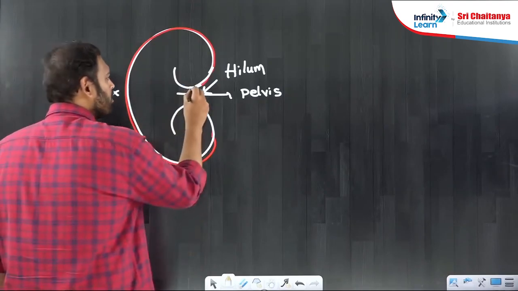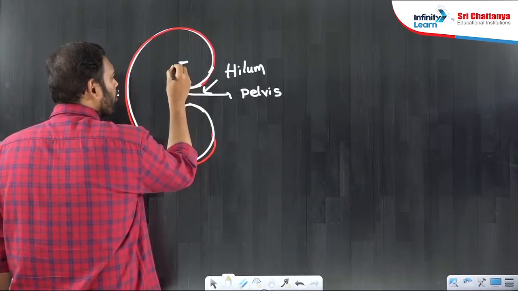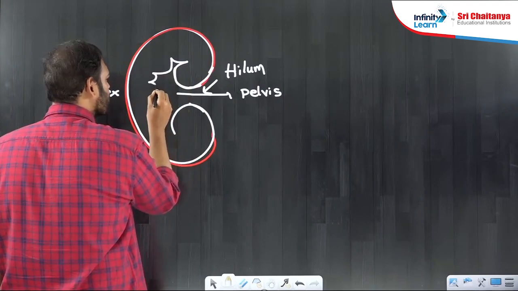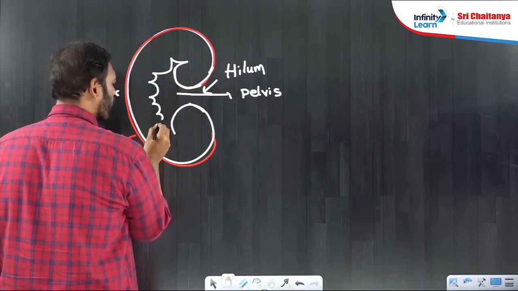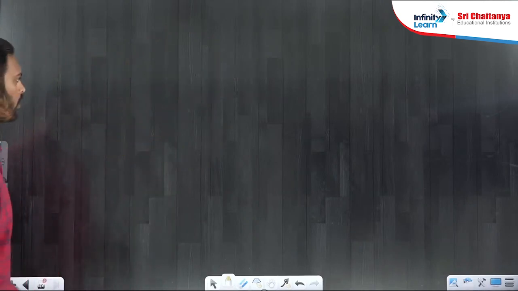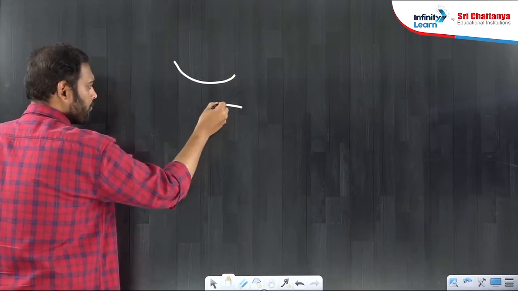And this pelvis is divided into conical structures like this. See, like this.